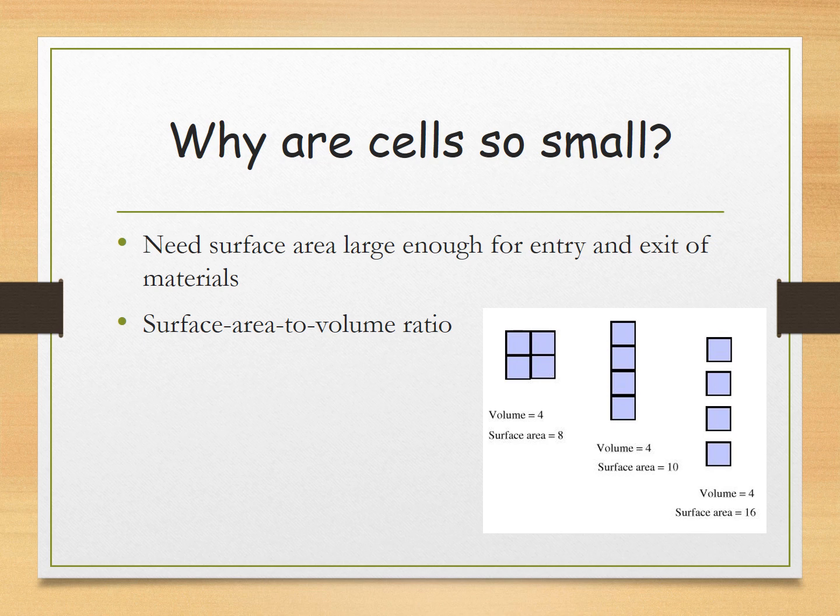And on the right, again, still the volume of 4, but the surface area increases to 16. So you need a large surface area to volume ratio. Just think of the cube on the left. The center portion would be a dead zone, and it would be really hard for required nutrients to enter and enough wastes to be eliminated.